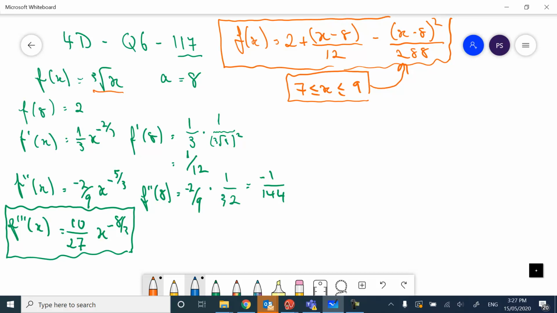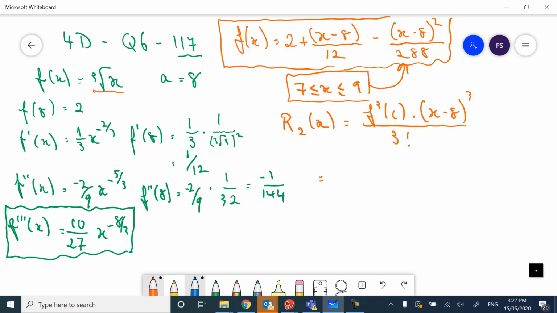So again, we'll use the Lagrange error term for this. The Lagrange error term is R2 of x, because we've used a second degree polynomial, and will be f triple dash c times x minus 8 to the power of 3 divided by 3 factorial.